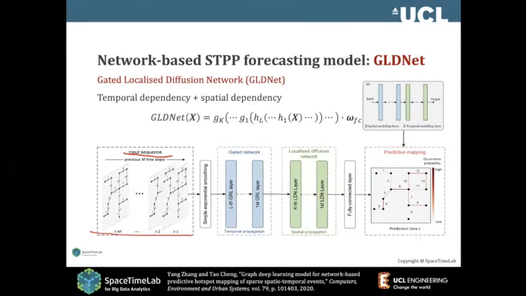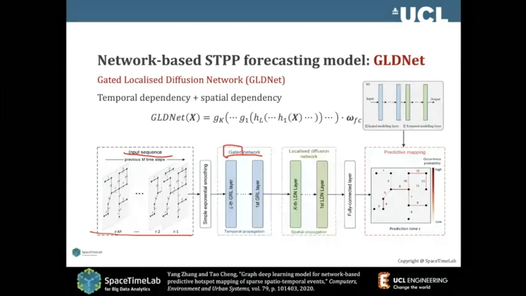And then we use what they call a gated network. This is to capture the temporal patterns. Why is it called a gated network? Because it uses this gate strategy to emphasize those patterns where the crime happened. Because of the sparsity, it means a lot of zero observations. So we use this one to get the temporal pattern.